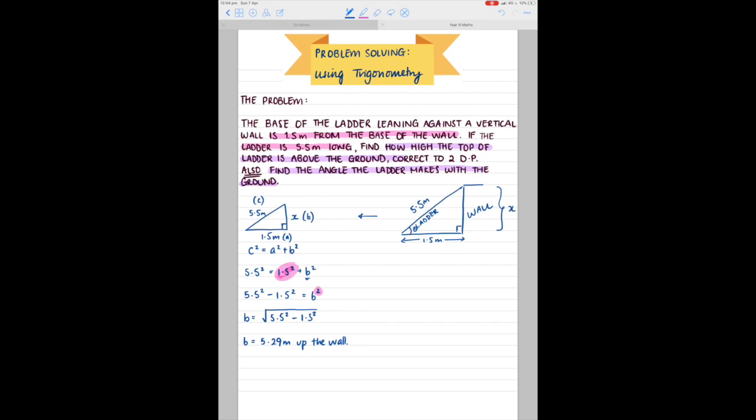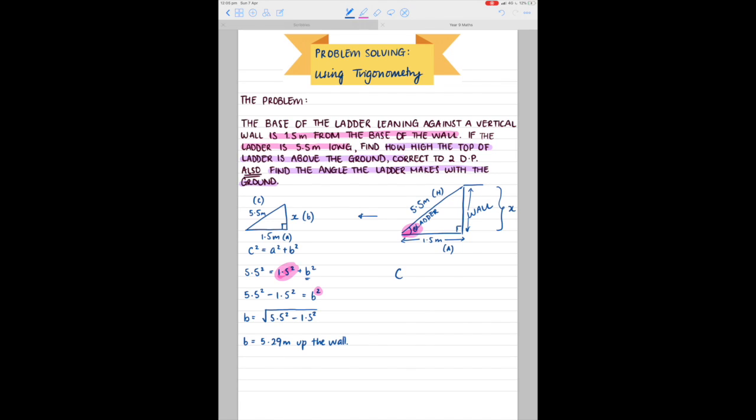Part B asks us to find the angle that the ladder makes with the ground. So we're looking for that angle there. Given that we've just found the vertical length, we can actually use sine, cos, or tan to work out our angle. Given though that I was given the hypotenuse and the adjacent length, I'm just going to stick with cos as my ratio.